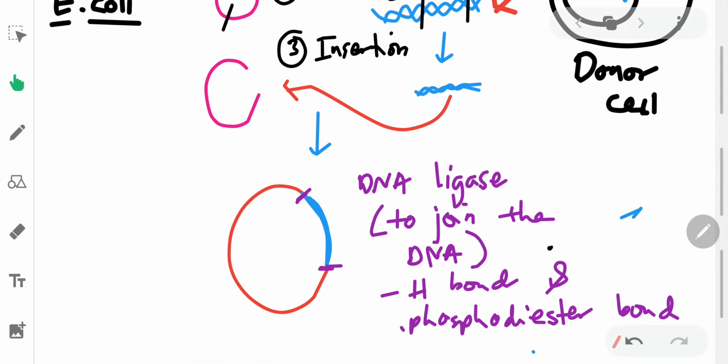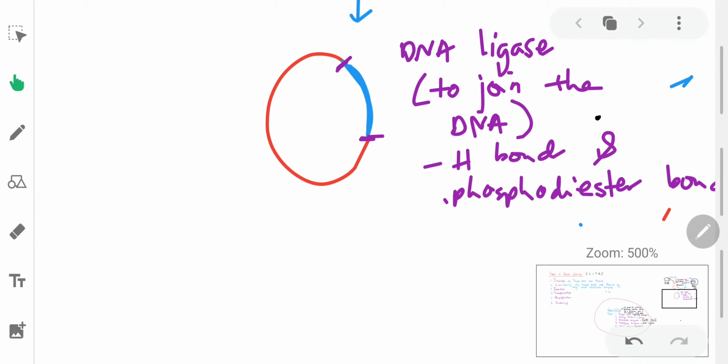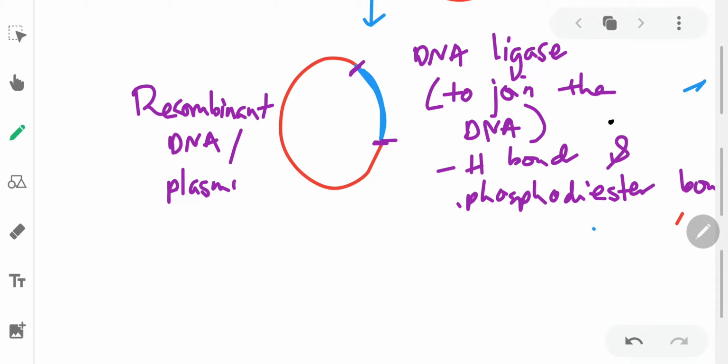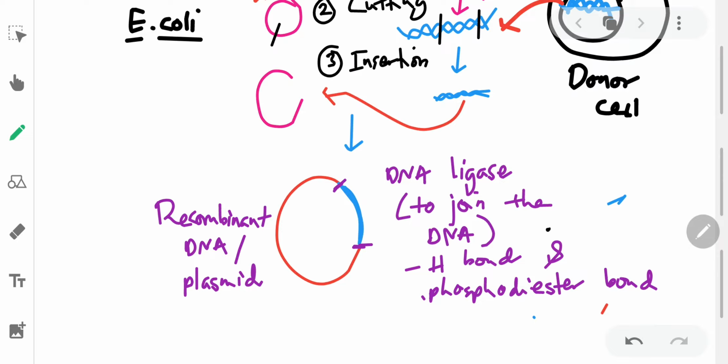Alright. Now, this structure now is called the recombinant DNA. Okay, recombinant DNA, or often called recombinant plasmid. Okay, this is step number 3.